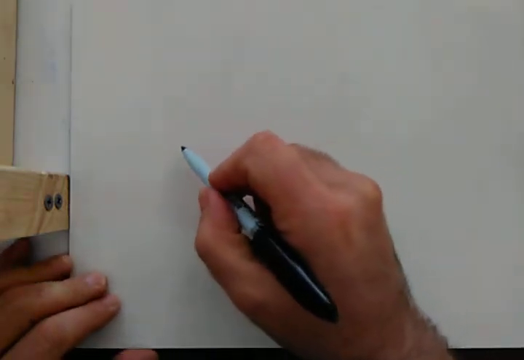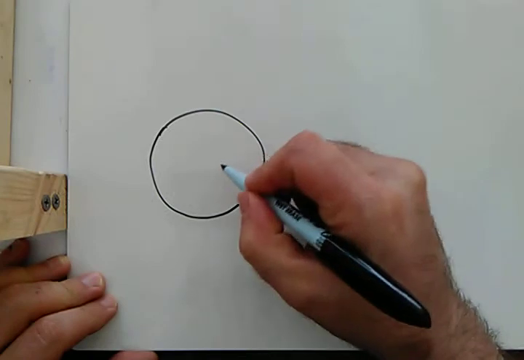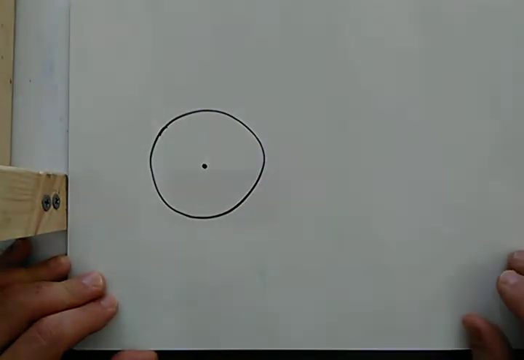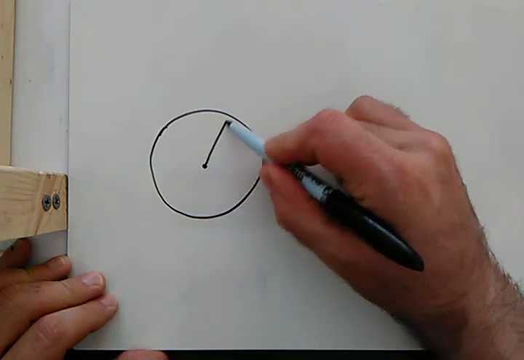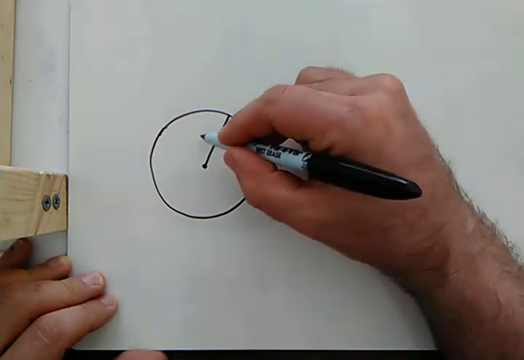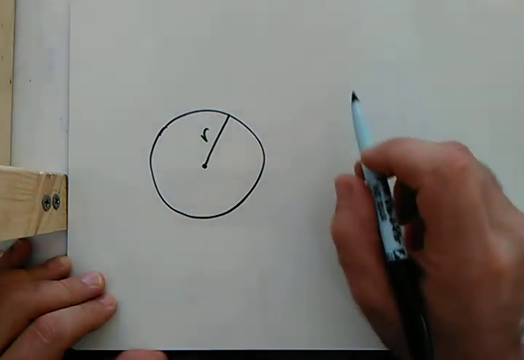So let's look at a circle and let's label some parts here. So if I draw a circle, okay, something like this. Here is the center of mass of the circle. And I'm going to put some labels here. There's going to be a line going out here, and this is to signify the radius.